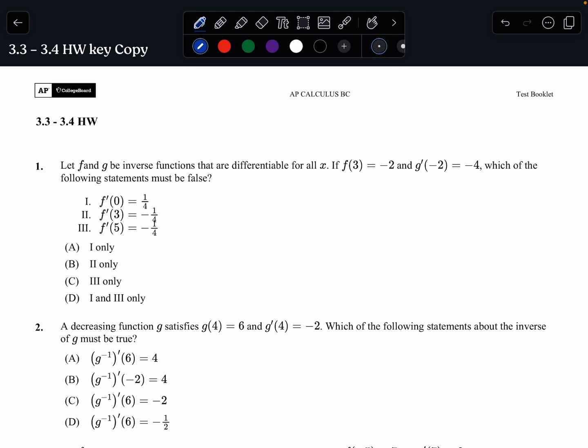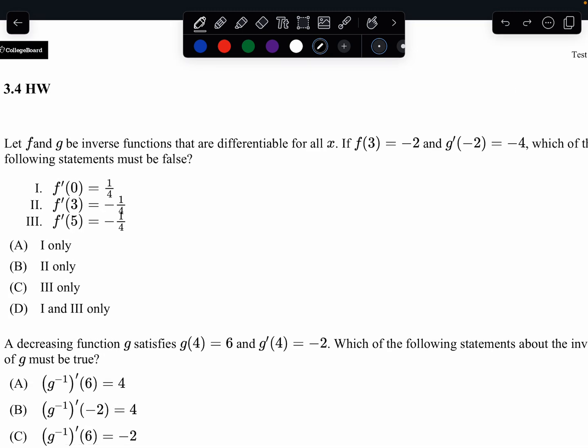So I'll be honest, it is very hard to keep track of what's going on between functions and their inverses. I am going to explain the way that I look at this by trying to graph what I'm thinking about the problem.